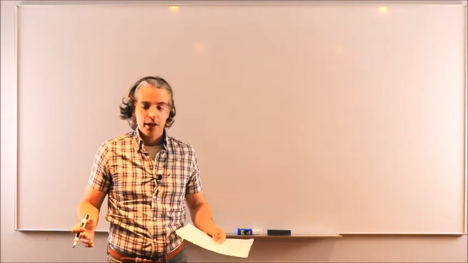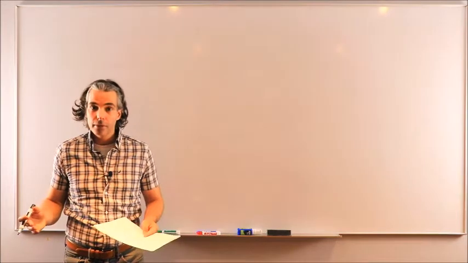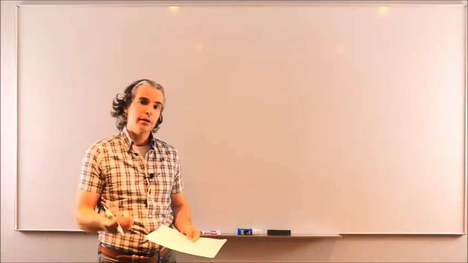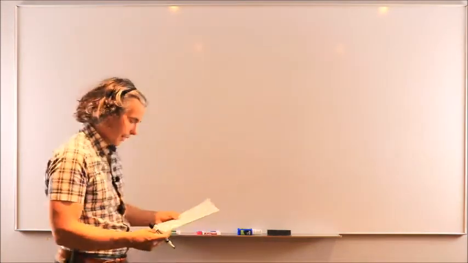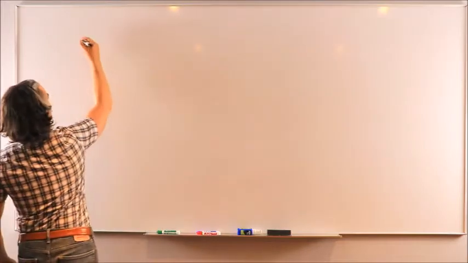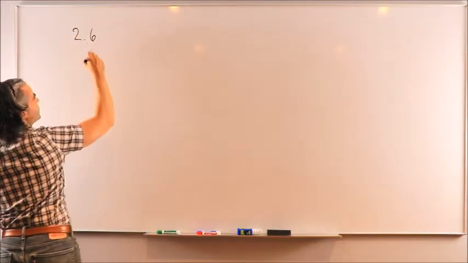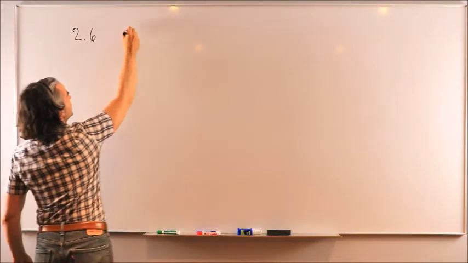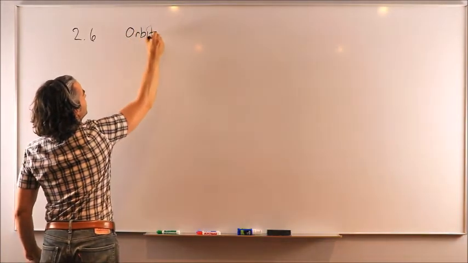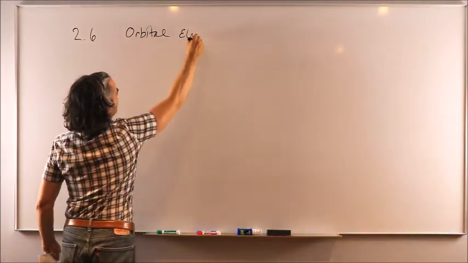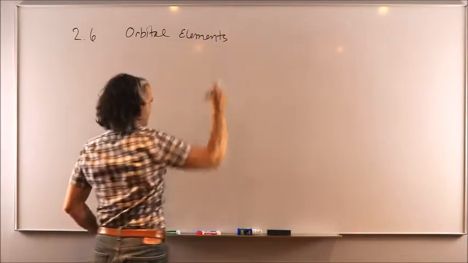That something, in our case, is a reference frame, obviously, that we're going to call the Earth Inertial Reference Frame. And then we'll see how to go from there. So 2.6 is all about orbital elements.